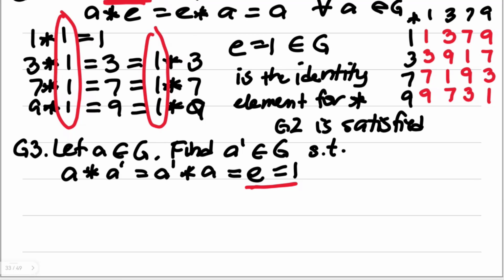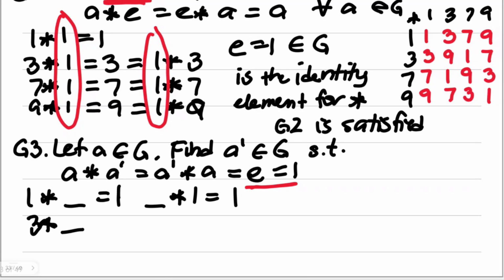So in short here, if we're going to pick 1 and operate it to something, it will result to our identity element of 1. Similarly, when that element is operated to 1, it will also be equal to 1. Similarly, for 3 star that element must be equal to your identity, or that element star 3 must be the identity.